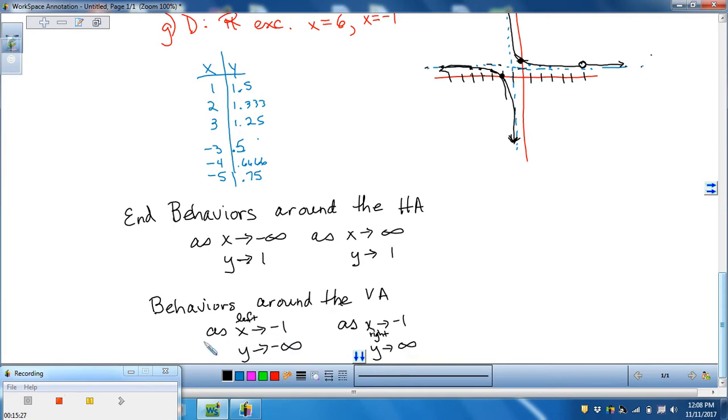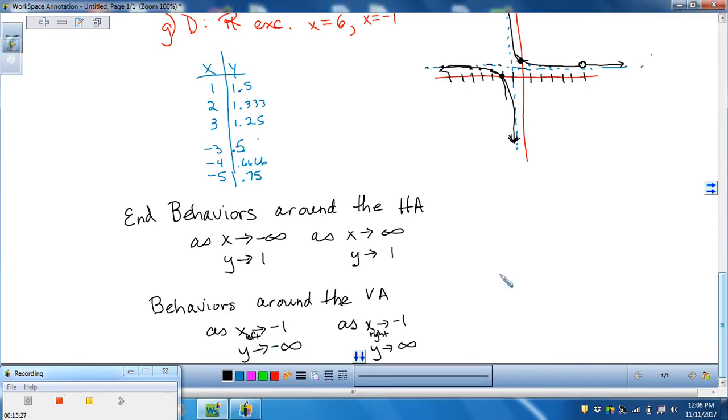So we talk about the behaviors around asymptotes and holes as being from the left or from the right, and that's how we will distinguish which side we are talking about.